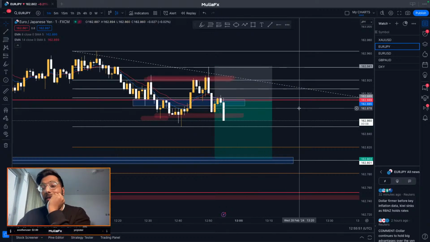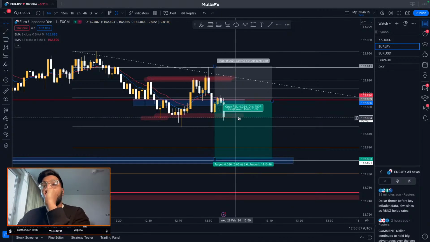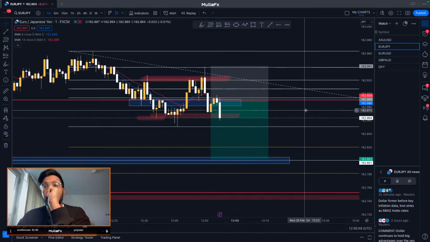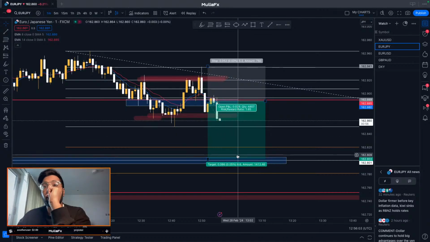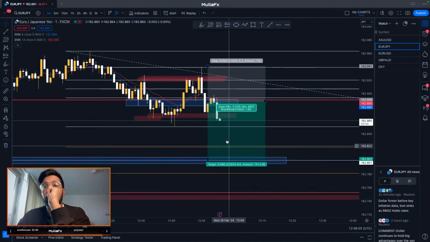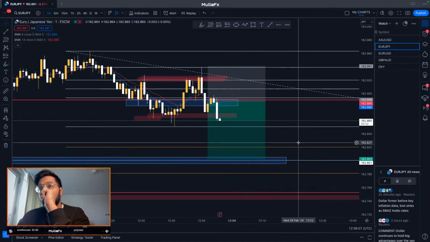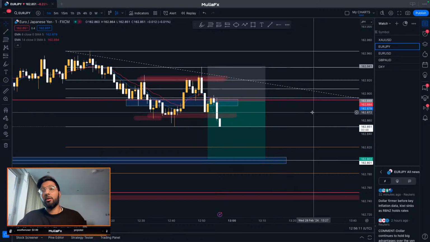I haven't entered yet, guys. But this could be the lower high, so we could get another entry point. If it just continues to go down, then we'll wait for it to do some sort of drawdown first. We'll wait for another pullback.